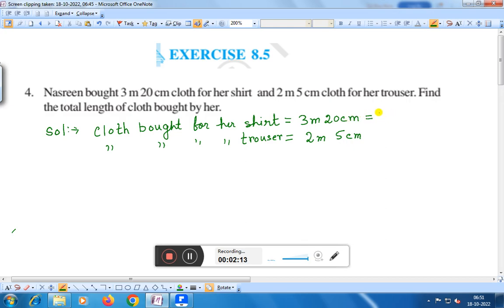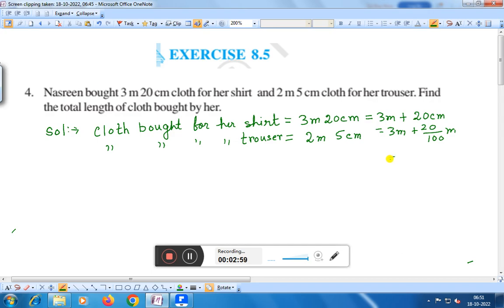3 meter 20 centimeter can be written as 3 meter plus 20 centimeter. Right? And we know that 1 meter equal to 100 centimeter. Right? Therefore, it can be written as 3 meter plus 20 by 100 meter. Right?